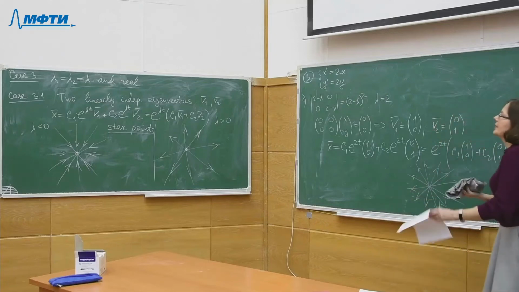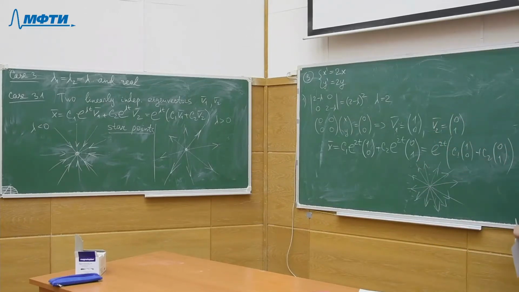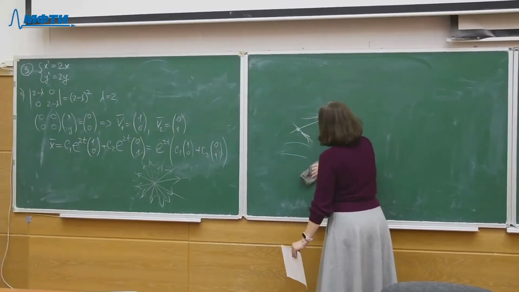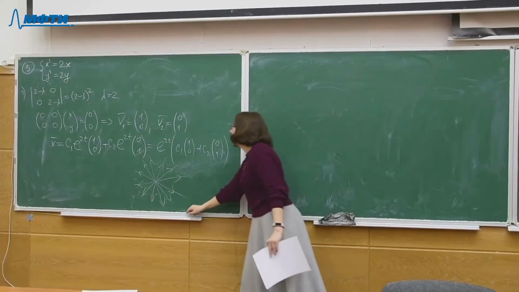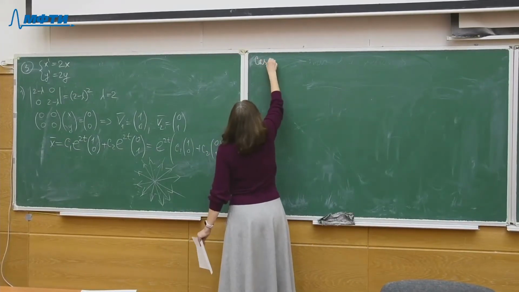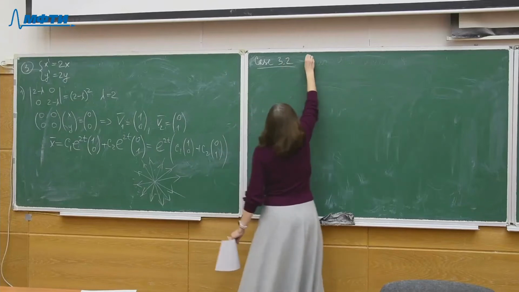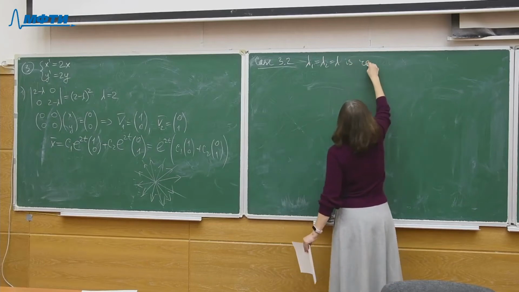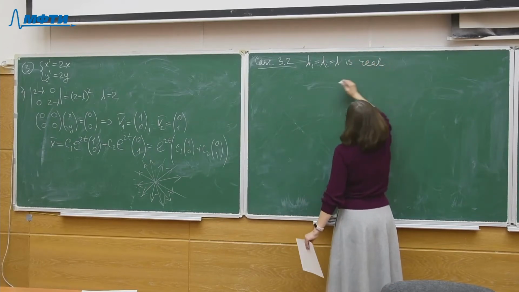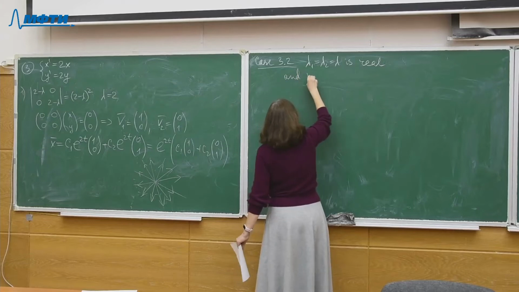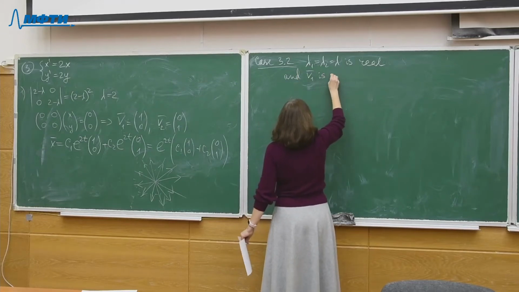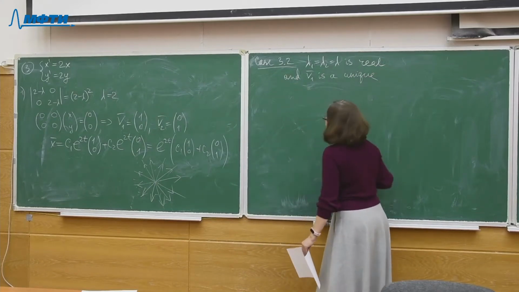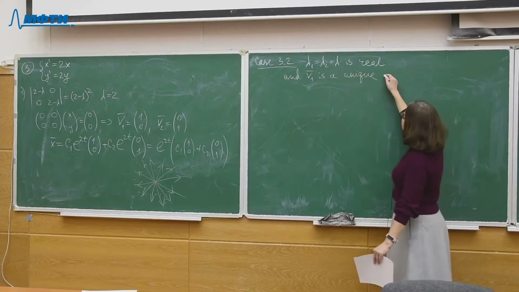Okay, now subcase number 3(2), when we have a repeated eigenvalue and only one, a unique, linearly independent eigenvector.